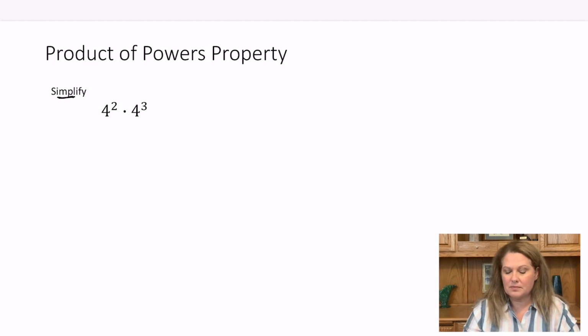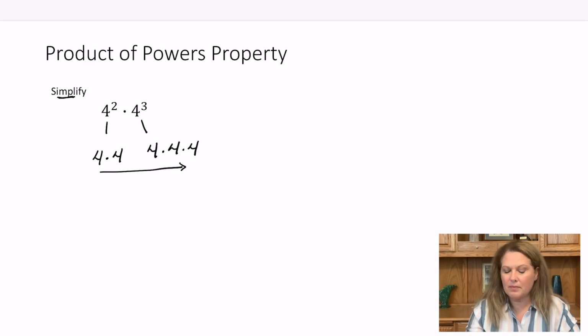The phrase simplify just means to write in the fewest number of terms. So if we remember that 4 to the 2nd power is really 4 times 4, and our second power is 4 to the 3rd power, when we extend that out, that's going to be 4 times 4 times 4. Now we have repeated multiplication all the way through.